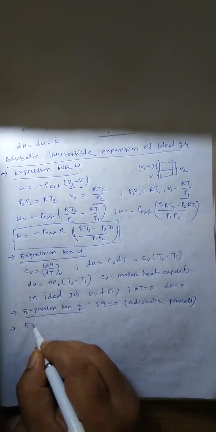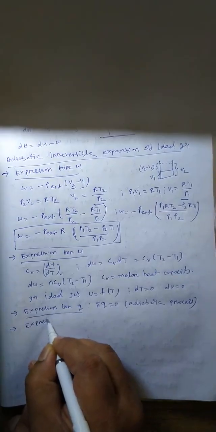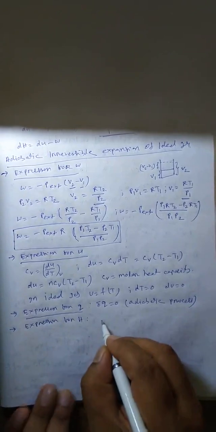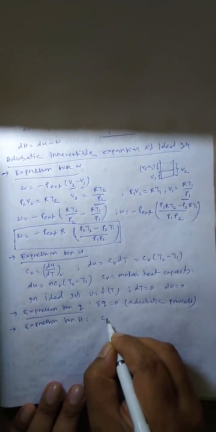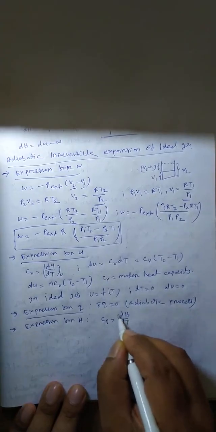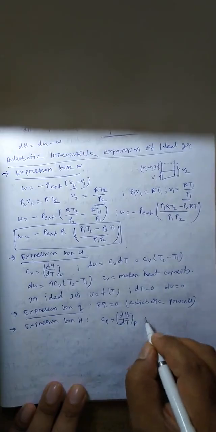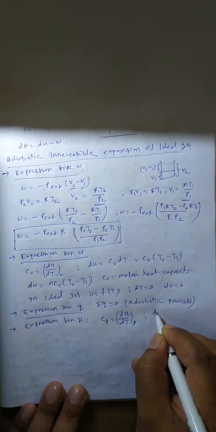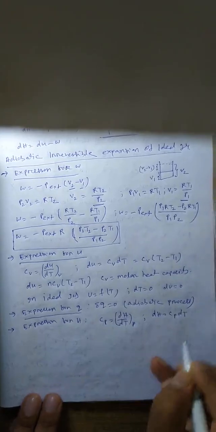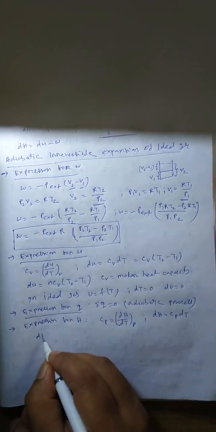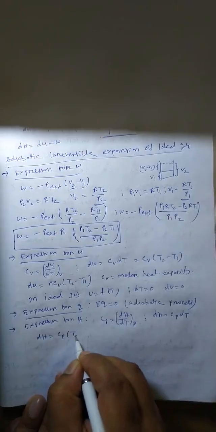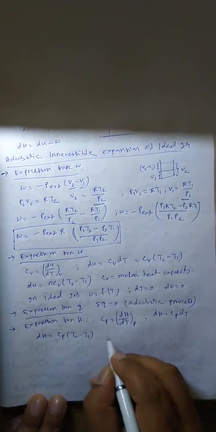Then the expression for H. We know that Cp is equal to dH by dT at constant pressure. So dH is equal to Cp dT, or we can write dH is equal to Cp (T2 minus T1).